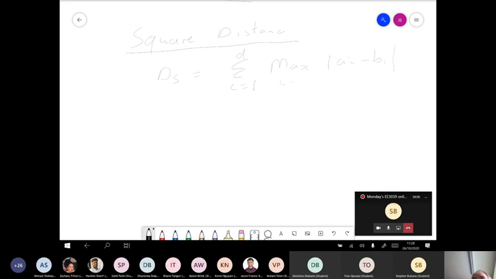In other words, we take two vectors, we find the mod of the corresponding elements, and take the square distance as being the biggest difference between single elements.